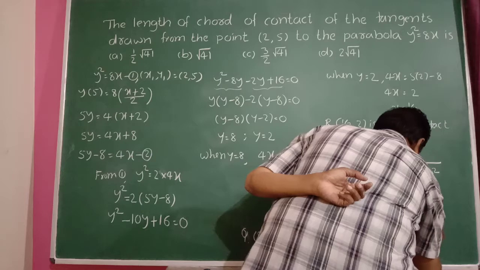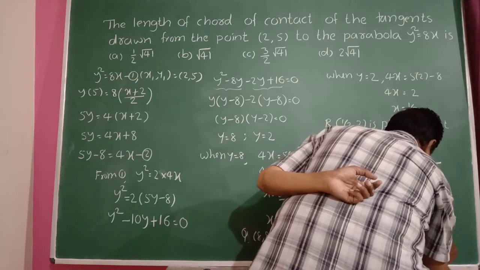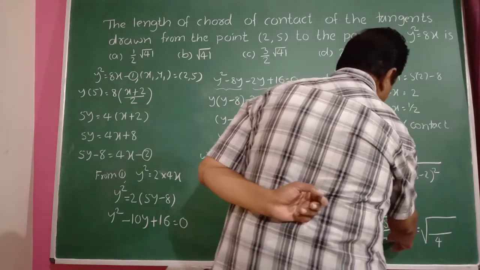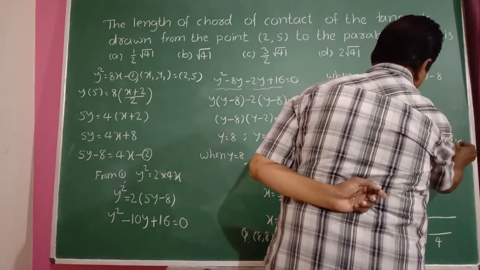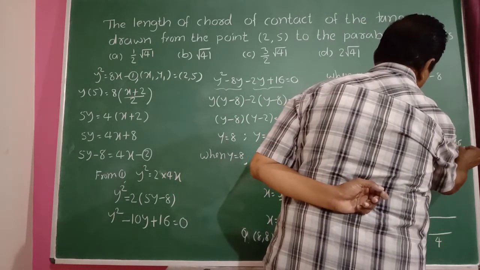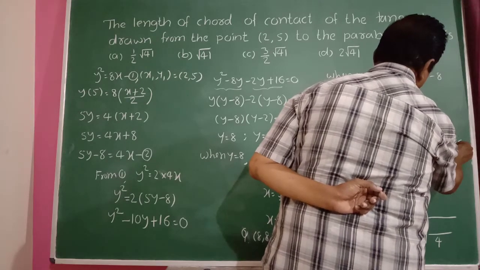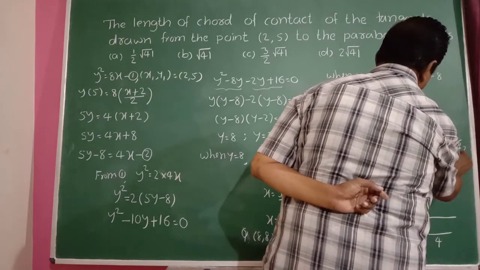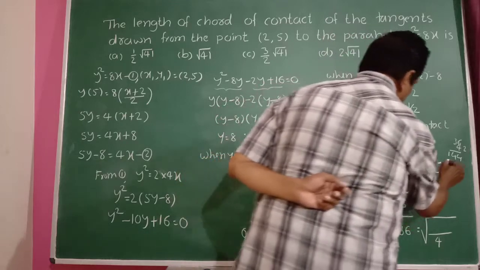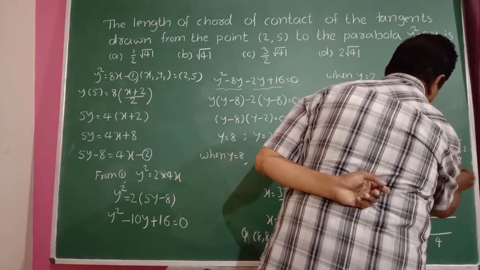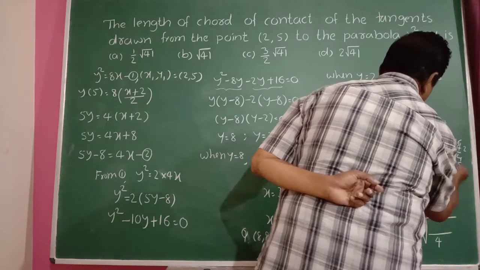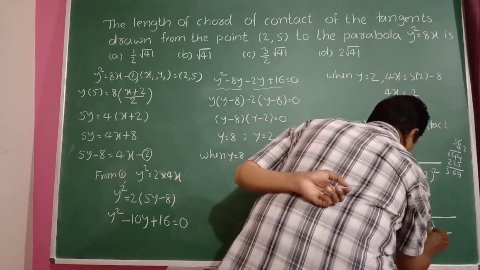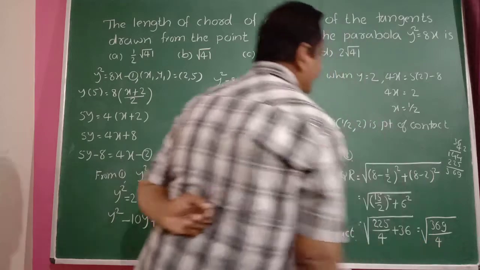Therefore, this is equal to root of, taking LCM 4, 36 into 4: 6 fours are 24, 4 threes are 12 plus 2, 14, plus 225. 5 plus 4 is 9, 6, 2 plus 1 is 3: 369.